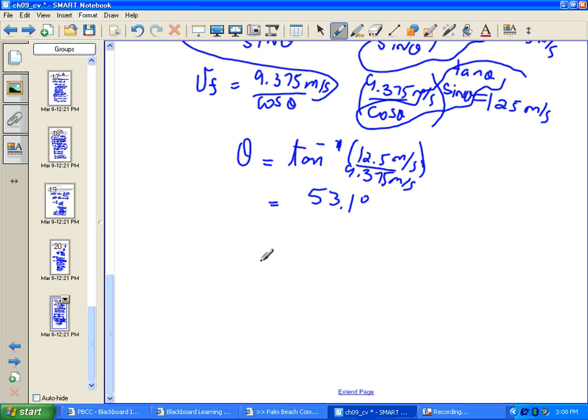Having the angle now, plug that right back into any one of those equations, the VF 9.375 cosine or the first one, and whatever the case is, we get a value of VF which has a magnitude of 15.625 meters per second. And let's just say this is magnitude, which is what we've solved for.